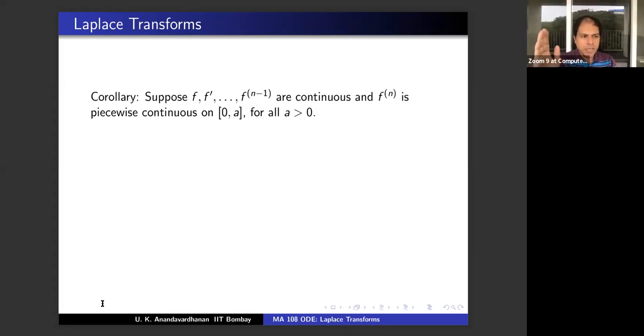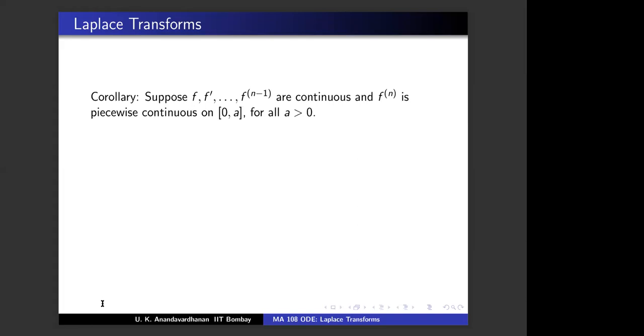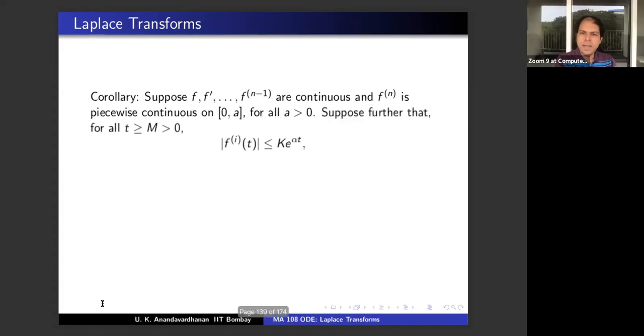What will be the multiplication? I will take the Laplace transform of f and multiply it with, just take a guess, s to the power n, and there will be other terms.